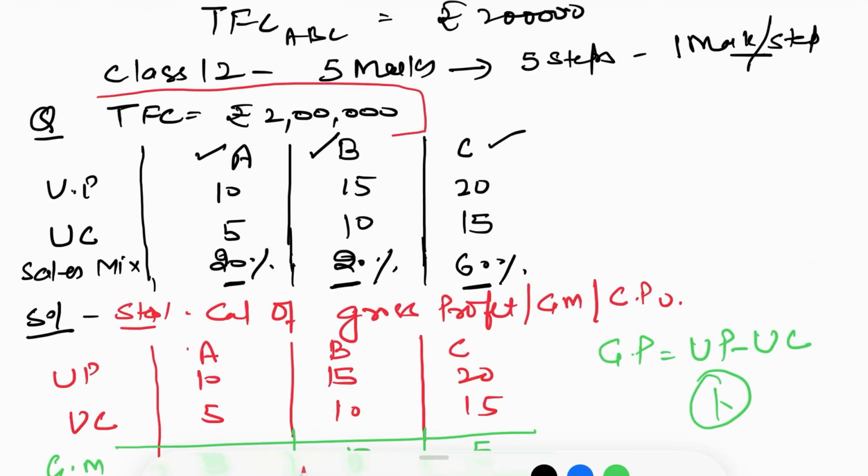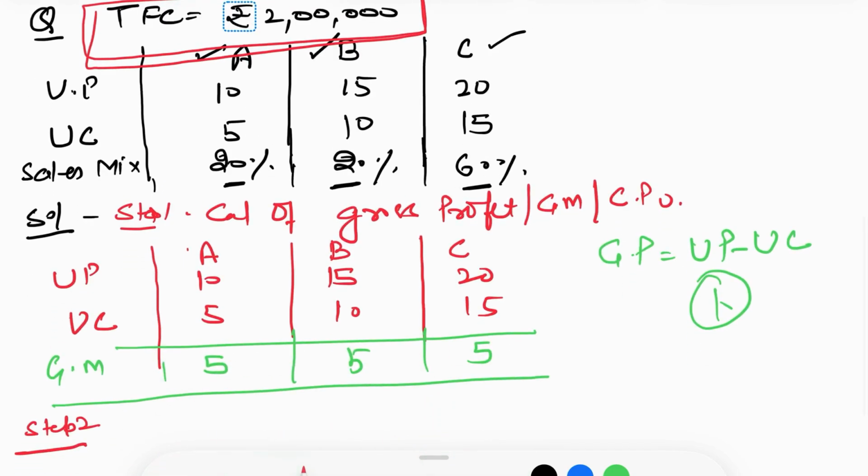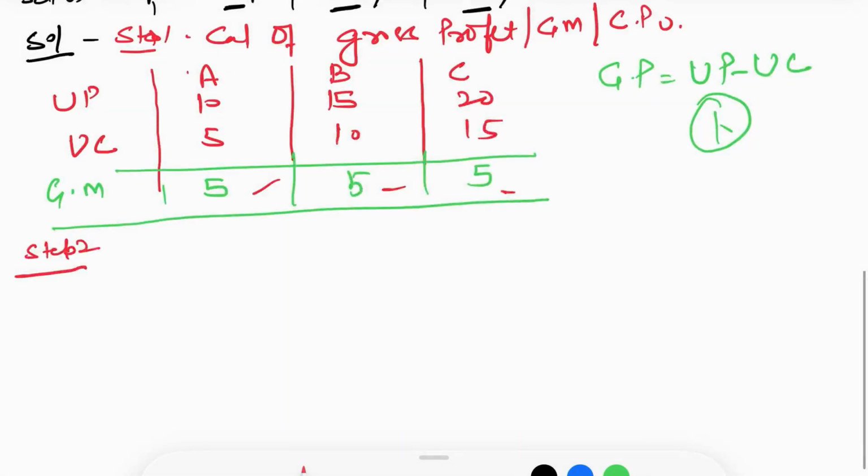What we are provided with is the total fixed cost of all these 3 products. So what do I have to do now? I have to take the average of these profits and combine them. Let's see the second step.